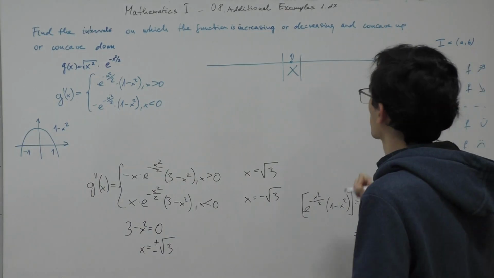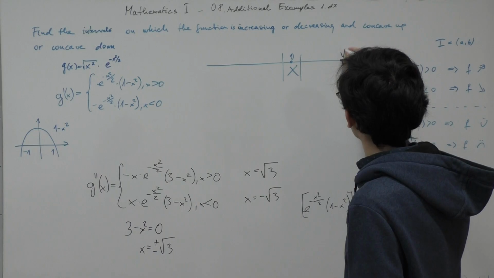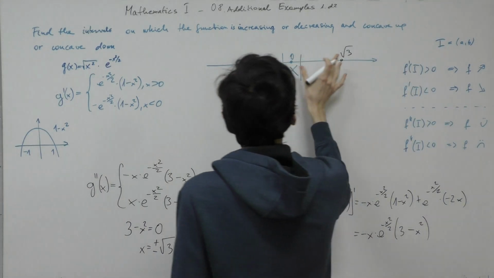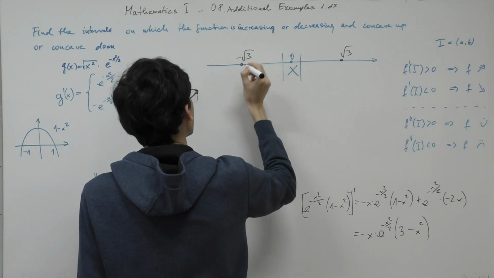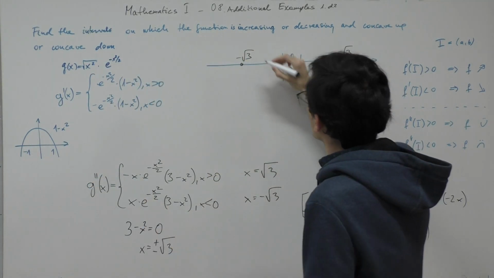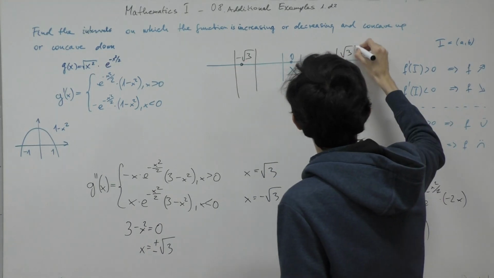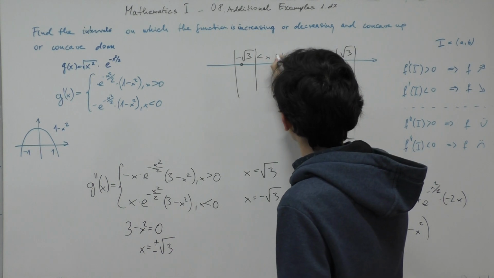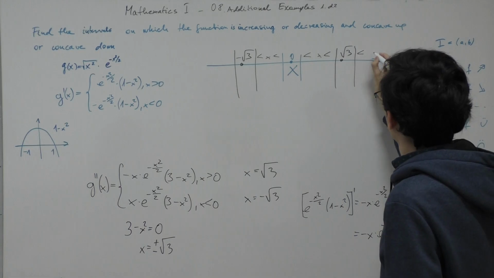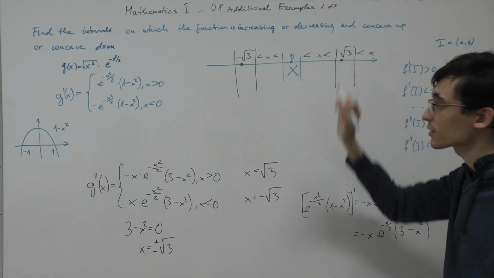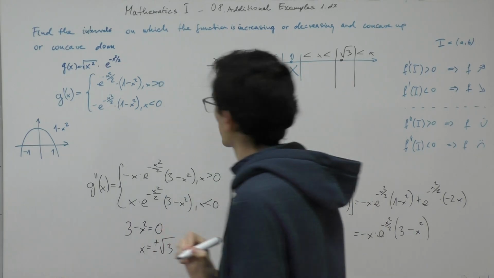Now, placing our critical points on the number line, we will have the square root of 3 somewhere here, and the negative square root of 3 somewhere here. And creating our table, we will have, of course, these intervals between the critical points, and also a case when it is greater than this critical point, and a case where x is less than this critical point.